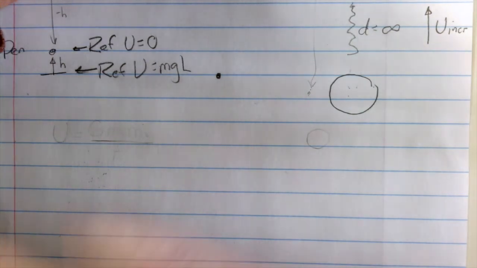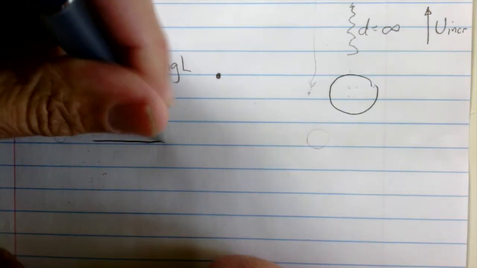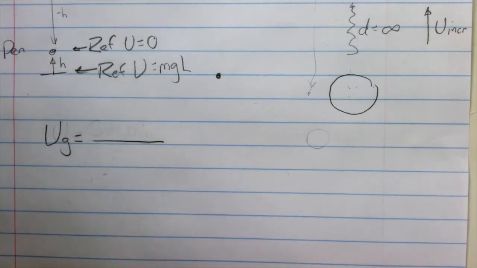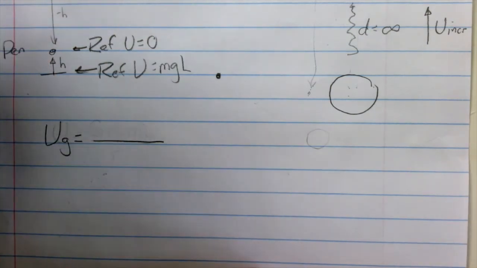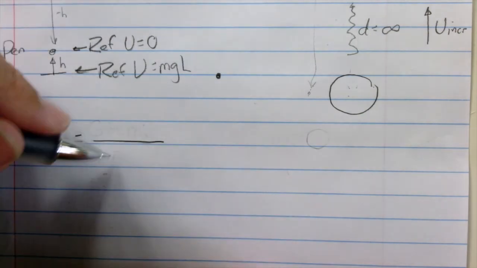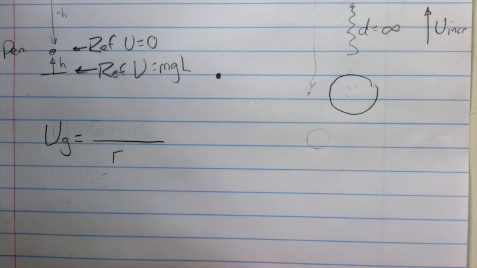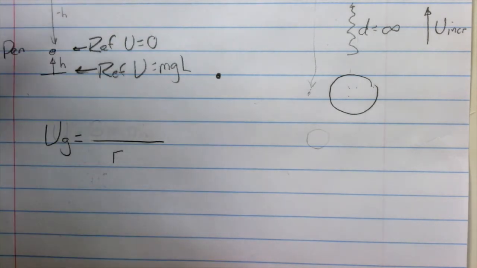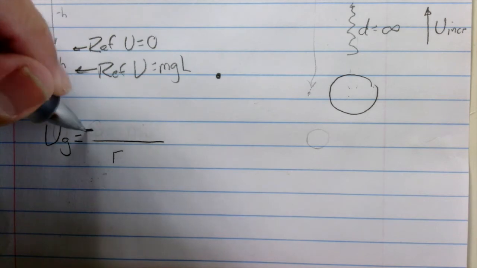So the characteristics of this, and let me just write it down, is that the gravitational potential energy, in the more exact way, is going to get smaller and smaller as you get further away. So it's going to be proportional to something with a function of r, and it's going to be negative.